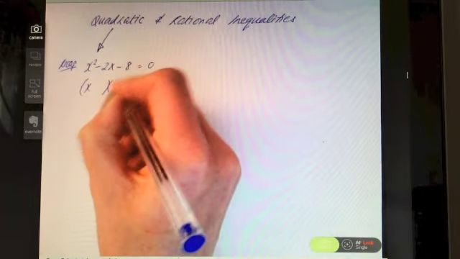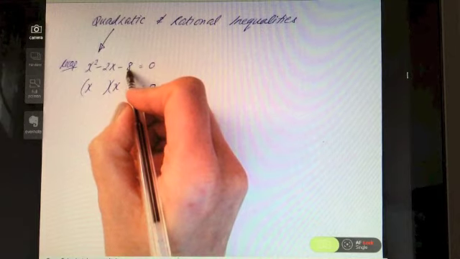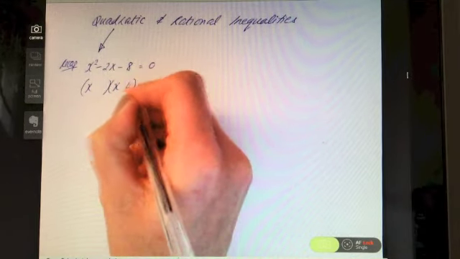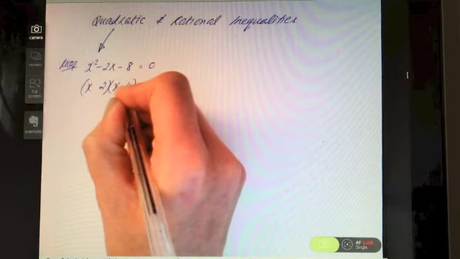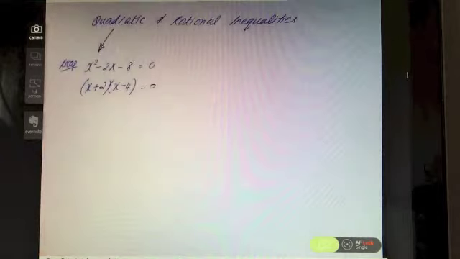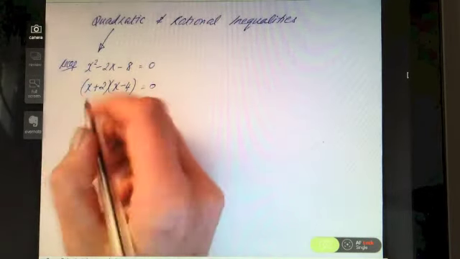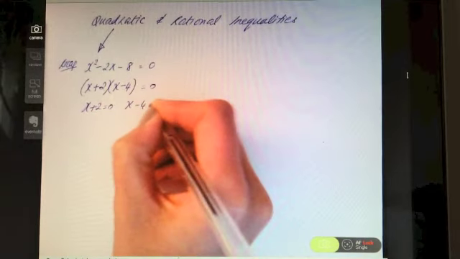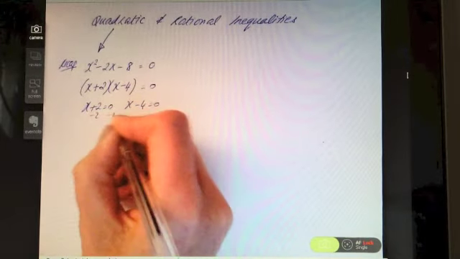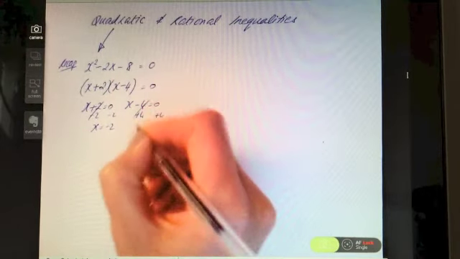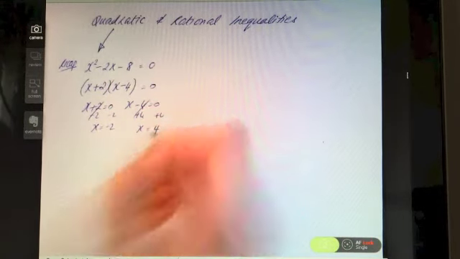So I would get x by x, the factors of 8 that make a minus 2 when added together are 4 and 2, but the signs would have to be minus 4 plus 2 to make a minus 2x. So x plus 2 equals 0 or x minus 4 equals 0. Take away 2 from both sides here, therefore x is equal to minus 2. Add 4 to both sides here, therefore x is equal to 4.